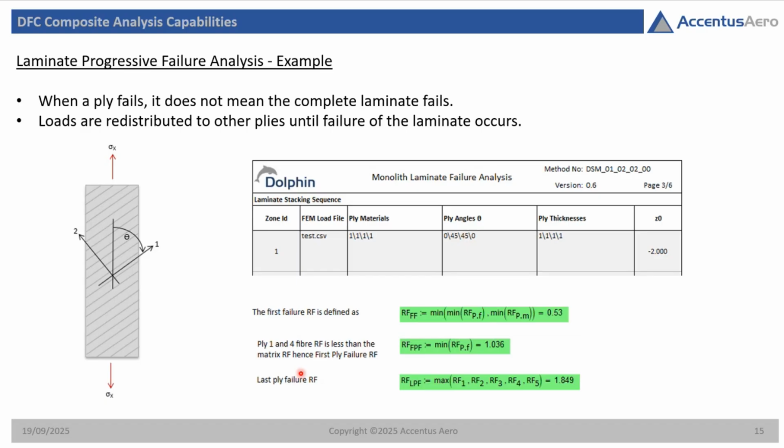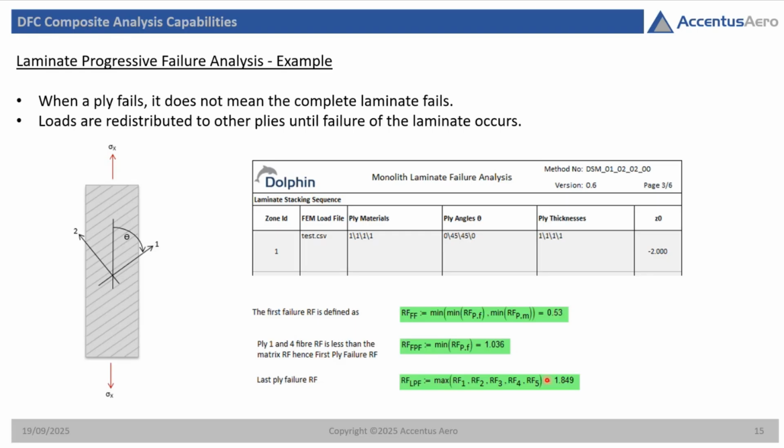Then we do the first fiber failure, which is when the first fiber fails, and then you get the RF of 1.036. And you keep on until you get last fiber failure. You then get an RF of 1.849.